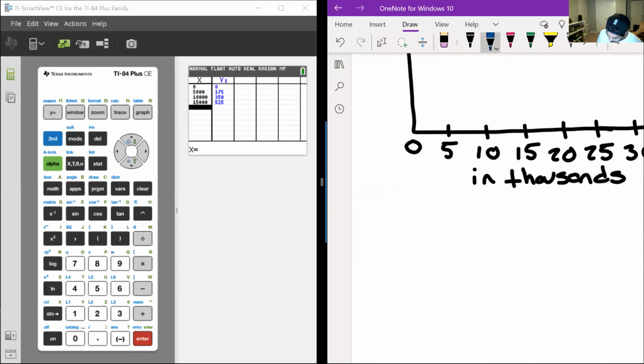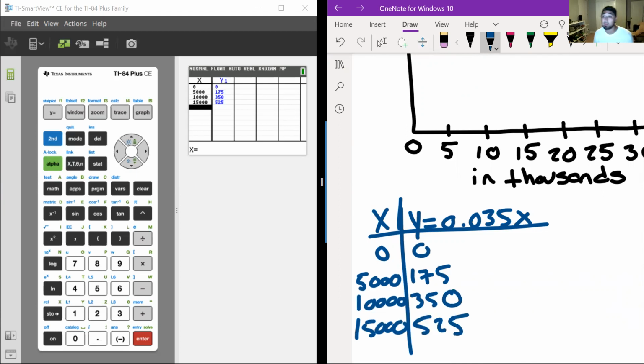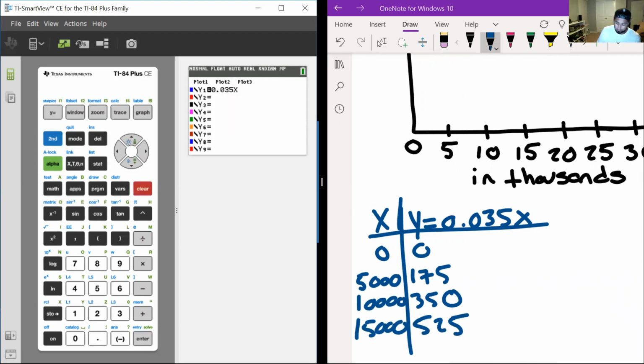So this was x and y equals 0.035x. I did 0, 5,000, 10,000, 15,000. So 0, 175, 350, 525. Okay, and now I'm going to go back and try the second piecewise function.